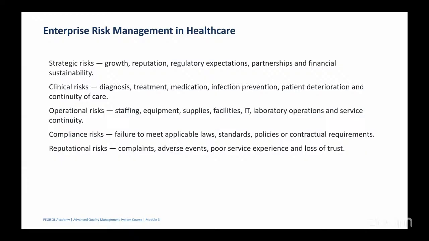All these things fall under what? Clinical risk. Then when we look at operational risk, we're looking at staffing, equipment, supplies, facility, IT, laboratory operation, other service continuity, nursing stations, other aspects, maybe courier services, compliance in terms of maybe registrations and all those kinds of stuff. All these things fall under operational risk.